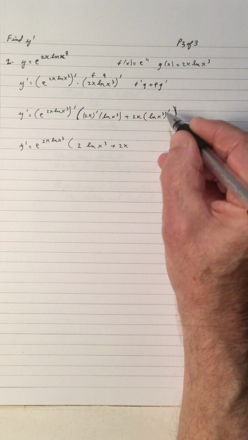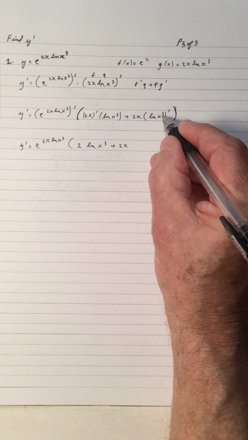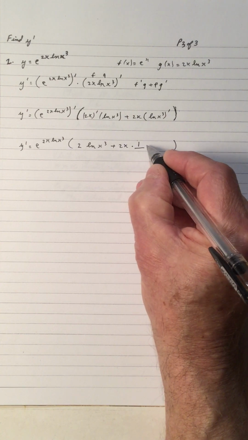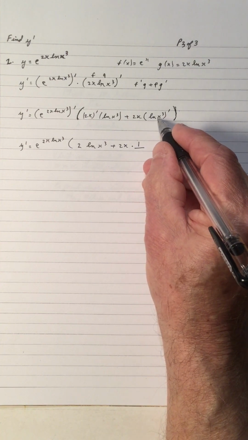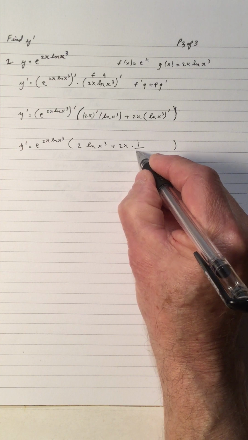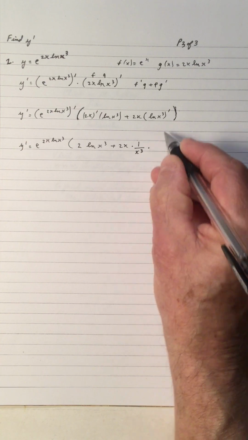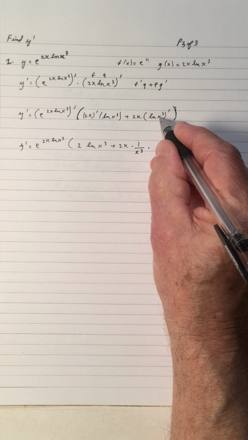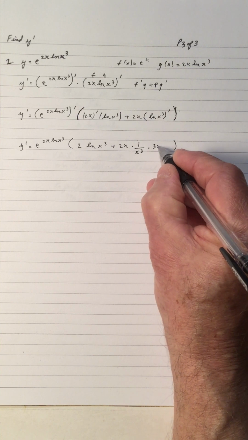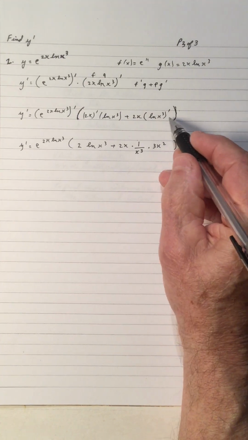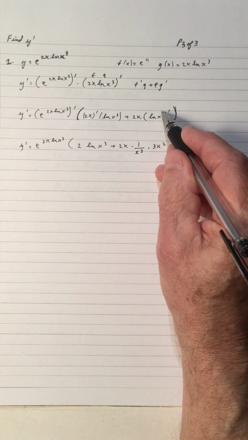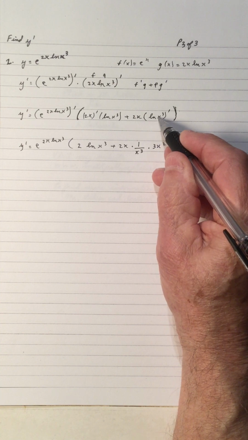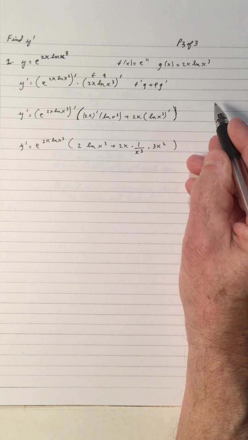So really I've got to go the derivative of ln of x cubed, so that's 1 over x cubed times the derivative of the inside, which is the derivative of x cubed, 3x squared, because it's a composite function made up of ln x and x cubed.